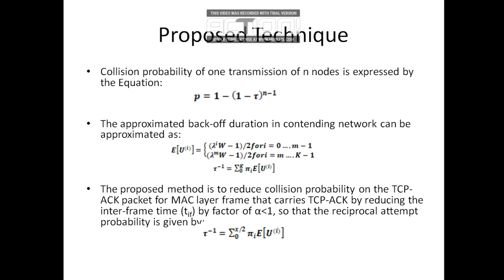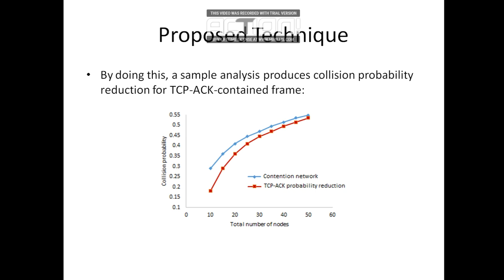In the mathematical analysis, we reduce the interframe time by a factor of alpha that produces the reciprocal time probability by x per 2, and by substituting these equations into the aforementioned model, we get this kind of graph here, the collision probability graph for the 802.11 networks.